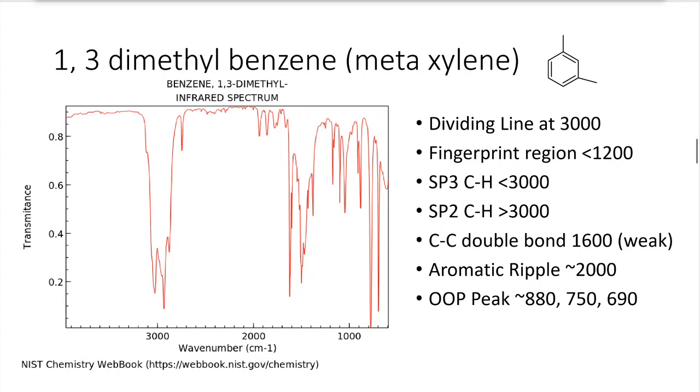meta-xylene, or 1,3-dimethylbenzene, we have similar peaks. You can pick out the sp3 CH just below 3000, the sp2 CH just above 3000, the carbon-carbon double bond at around 1600, the aromatic ripple at about 2000, and the out-of-plane bending peaks at 750, 880, and 690.